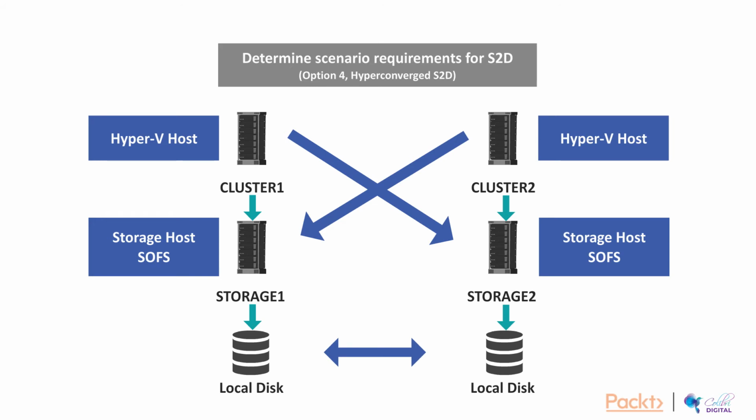All this effectively means is that we'll be installing the Hyper-V host role on our storage servers, as well as on our cluster servers, just so that we can get a feel for exactly how both of these different configurations work. In the real world, in your actual production environment, you'd probably choose one of these two approaches rather than choosing them both at the same time, right?